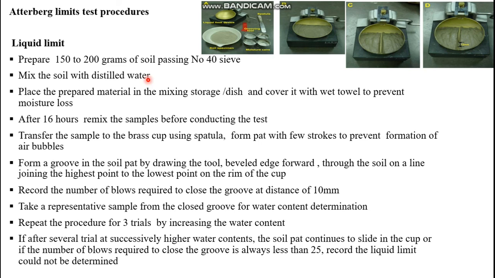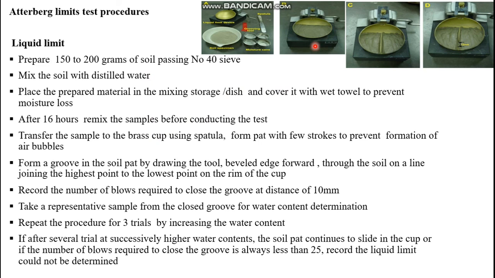You let that sample settle for about 16 hours so that the soil is properly mixed with water. Transfer the soil into the brass cup using a spatula, and when you transfer it, you have to be careful not to create water bubbles.